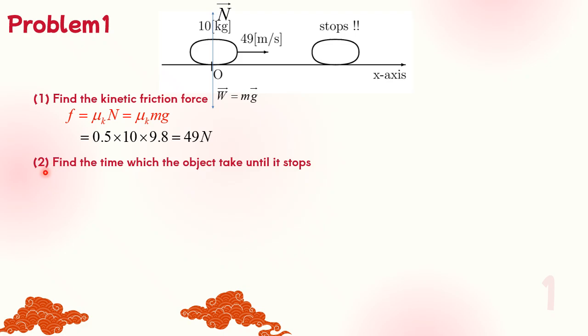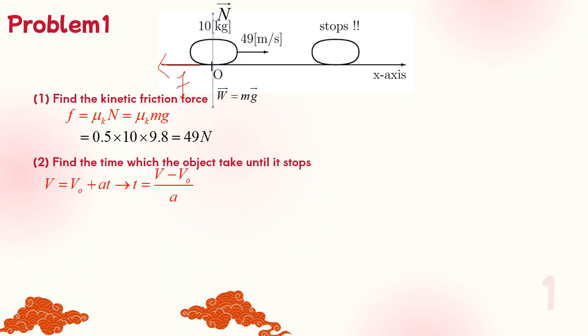Number 2, find the time which the object takes until it stops. This object moves on the rough surface, so its speed is decreasing, so it moves more slowly than before until it stops here because it experiences friction. As you can see, the direction of the friction opposes the motion of the object.